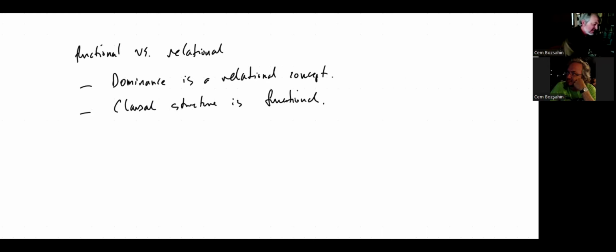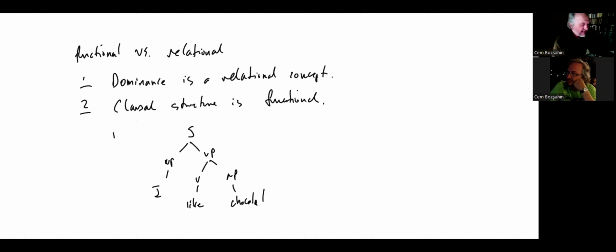So just to give you an example for one and two, you can think of a noun phrase, verb phrase, like "I", and a verb phrase, noun phrase, like "chocolate". Okay.